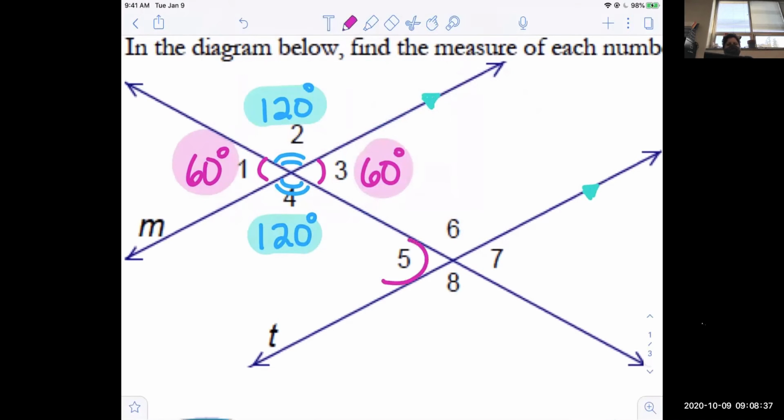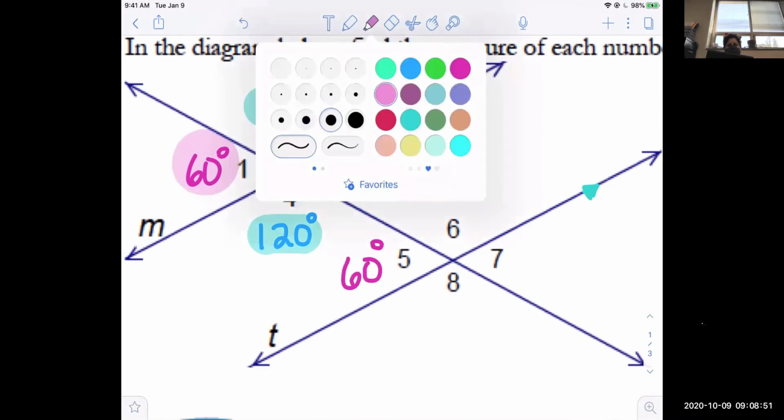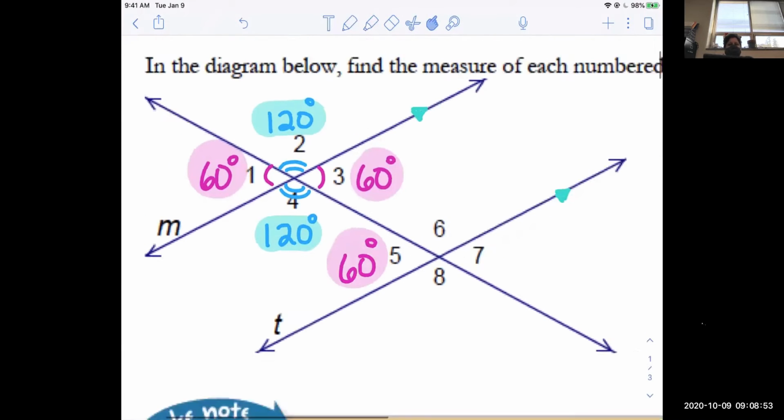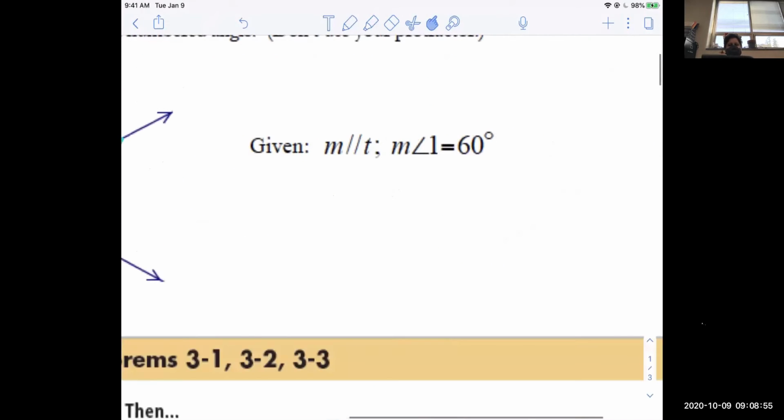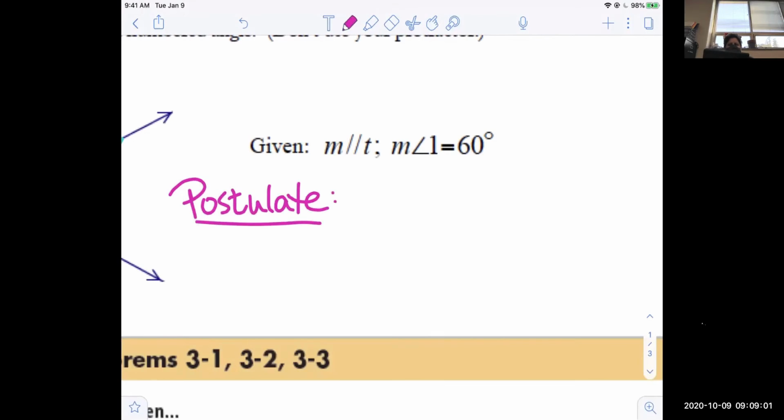What do you think angle 5's measure is going to be? 60. That's actually an assumption, right? Because those lines are parallel, it makes sense that if you have a transversal cutting through them, then those angle measures will be the same. That's an assumption, so that's a postulate. Okay, the postulate, because we have to have a basic assumption to build from. So this is a postulate.